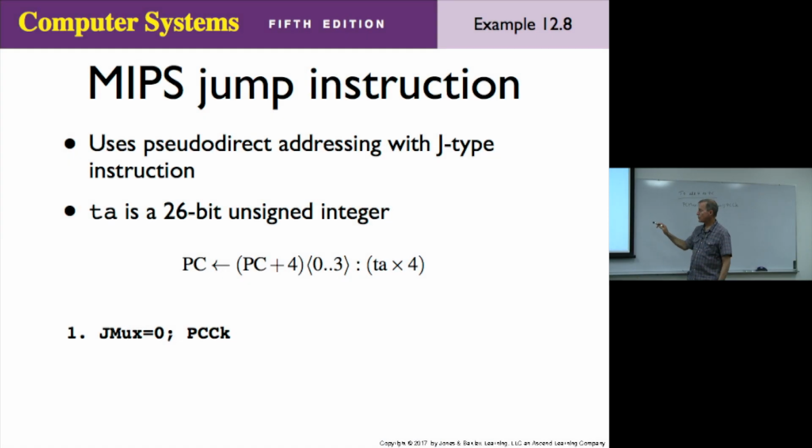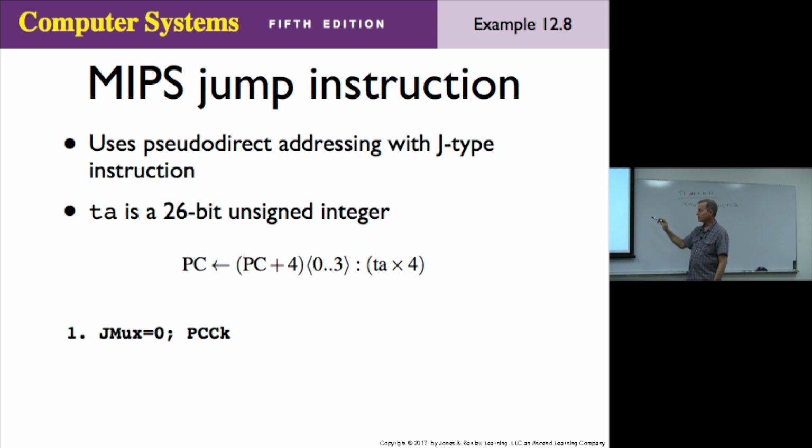So what the program counter gets is TA, that 26-bit unsigned integer, times 4. Now why times 4? That takes into account the fact that those 2 least significant bits are assumed to be 0 in the address line, because times 4 is a shift left by 2. Are you with me?